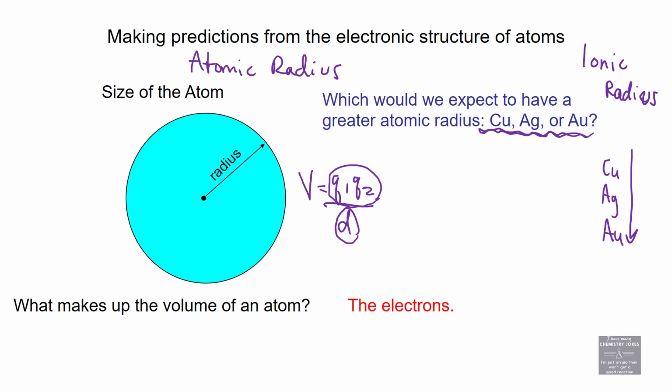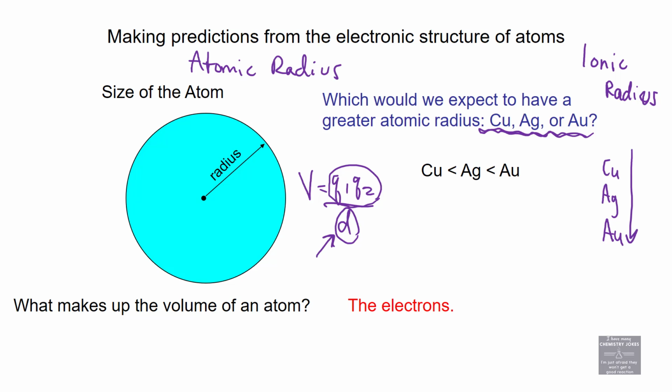The distance is getting much, much bigger. And when the distance gets bigger, obviously the radius gets bigger. So the furthest down on the periodic table is my biggest electron cloud. Gold is the biggest, silver is next, copper is the smallest. I think that's kind of intuitive based on what we've talked about so far.